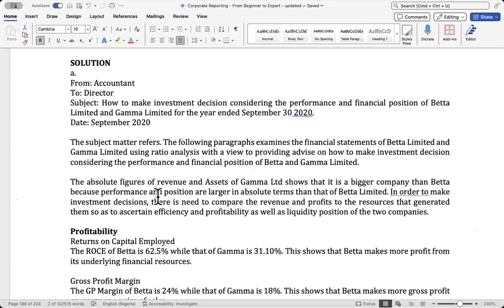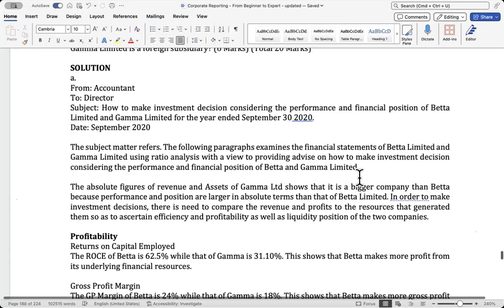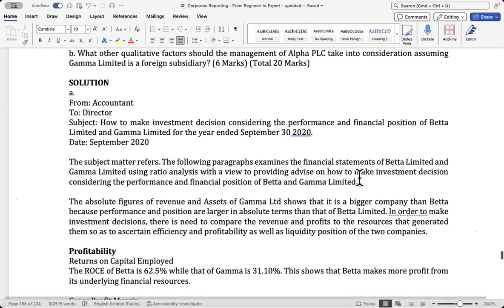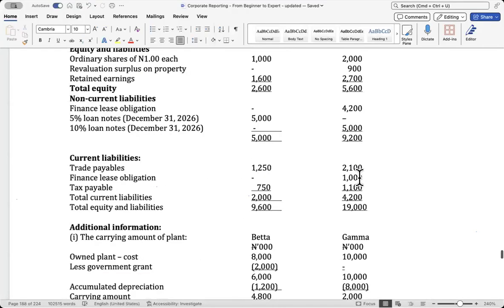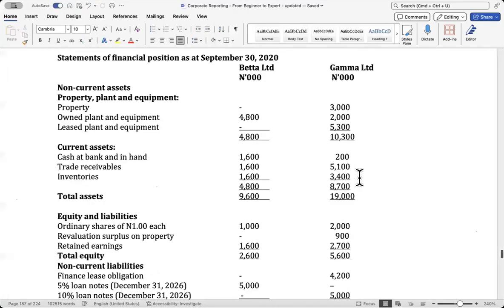And I said, in order to make investment decisions, there is a need to compare the revenue and profits to the resources that generated them, so as to ascertain the efficiency and profitability as well as the liquidity position of the two companies. So immediately, I already debunked what the examiner was trying to show me: will I make a judgment or investment decision looking at the absolute figures alone?